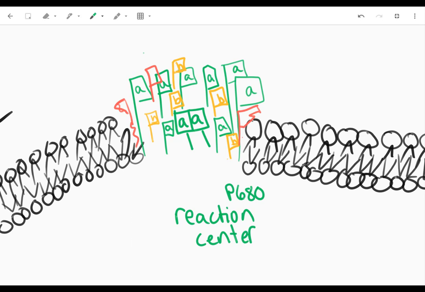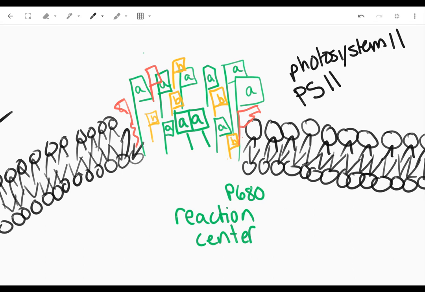So often you'll see the reaction center labeled as P680 for photosystem 2. Okay. So there's our photosystem 2, and you might see it as PS2 for short.